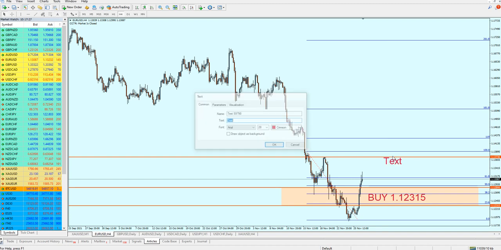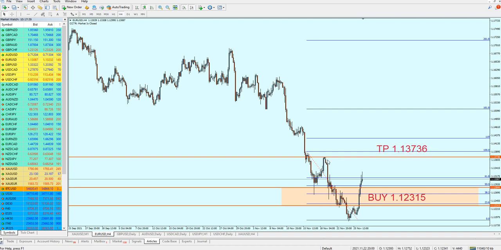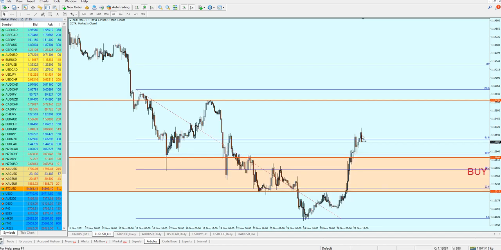Okay, so it's going to reverse from Fibonacci 50 because the pair has reversed from 61.8, which means it has to reverse again from 50.